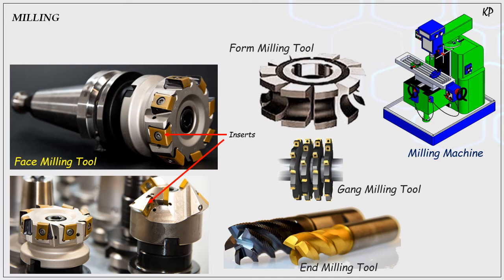Gang milling is used to avoid repetitive work, which will save your machining time. Form milling is basically used to produce different kinds of forms, which also saves your time by using this single cutting tool. So these are the tools used in a milling machine, and by this milling operation you can produce your component.